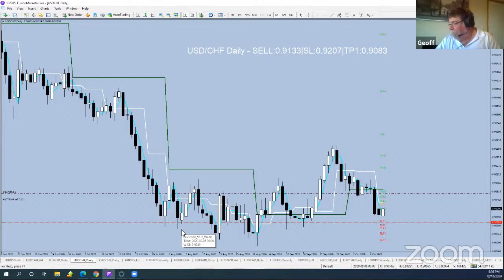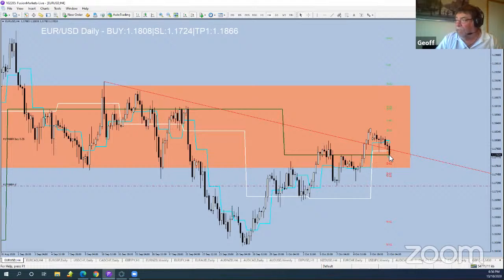EuroCAD, Euro dollar, and Euro pound. We haven't spoken about Euro. Well, we have spoken about Euro dollar, and here's what I would do with Euro dollar. I said before, if this closes below these levels, and you know what it'll do, don't you? It'll close exactly where it is. If that is the case, then here's what I would do.